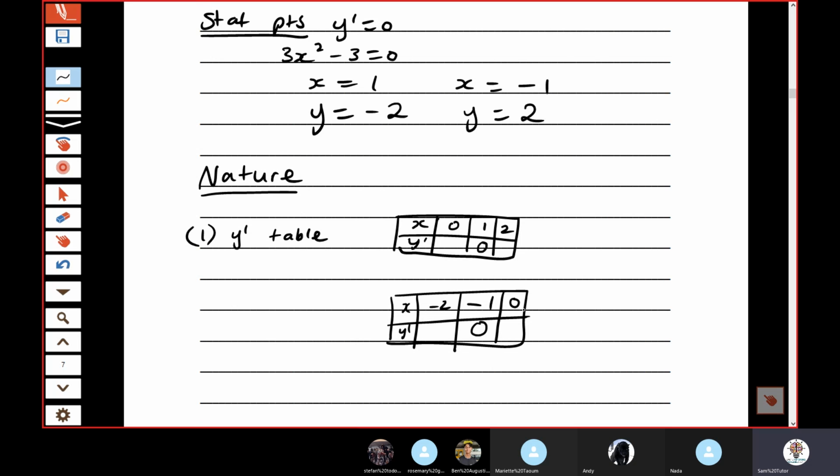Quick note. Try to be as close as you can to your stationary point. I say that because if this number here was a 0, and if I chose 0 here, you're going to get a wrong answer. It just won't work. So you would choose 0.9 and 1.1.